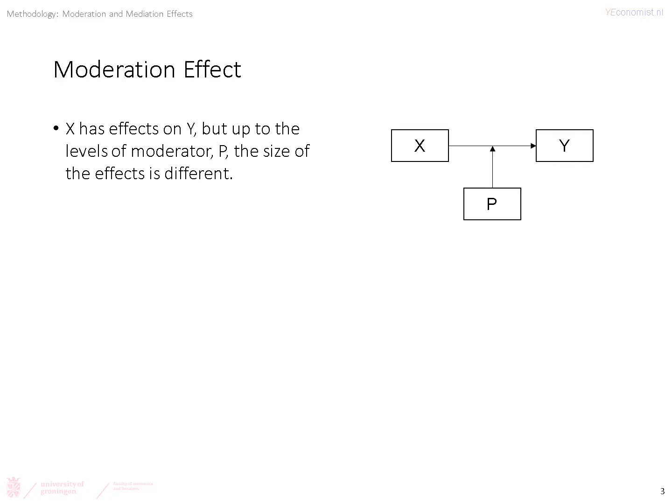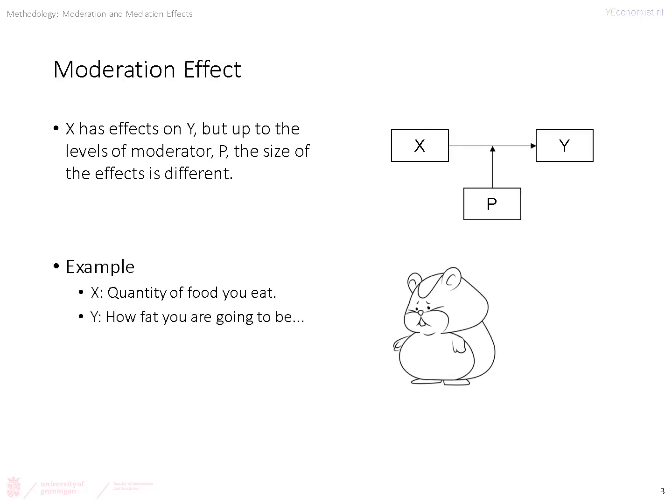Basically, it argues that the variable X has an effect on Y, but depending on the different levels of the moderator P, the size of the effect can be different. So we can consider, for instance, that the variable X here is the quantity of the food you eat, and the variable Y is how fat you would be. In between the food and the fat in your body, there is a thing called your digestion system.